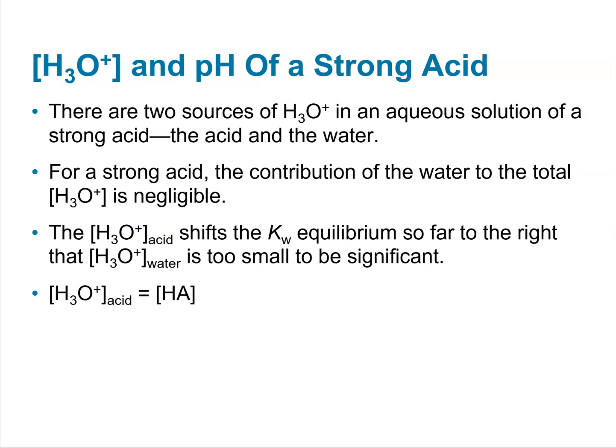So, as you have increasing concentrations of hydronium, this is going to shift your Kw equilibrium so far to the left that the amount of hydronium produced by the water is going to be very, very negligible.